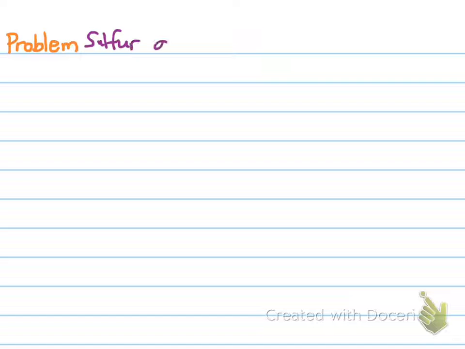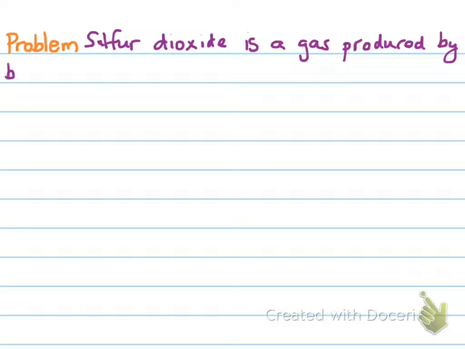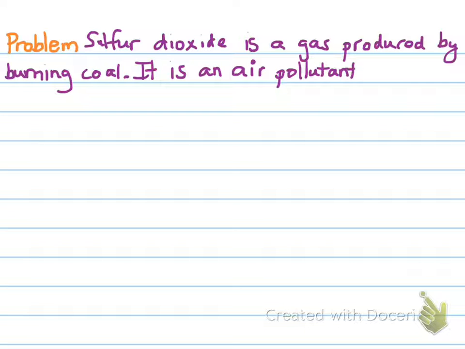Sulfur dioxide is a gas produced by burning coal. It is an air pollutant and one of the causes of acid rain.